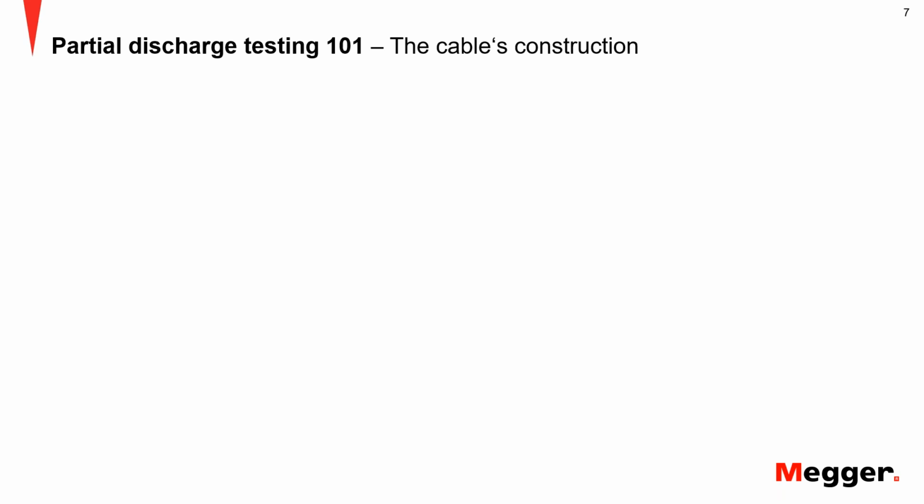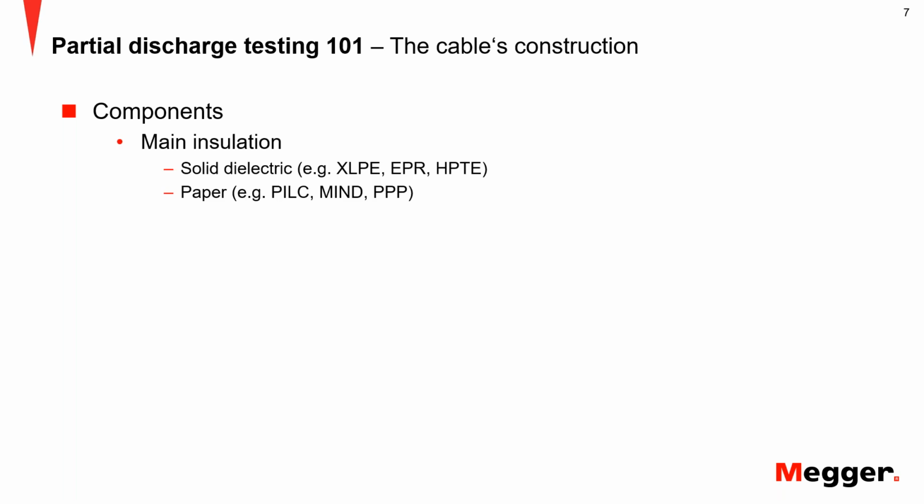So when it comes to this type of test in the field, it is essential to think about what components you are affecting during the test, or with which components you are interacting. And it's actually pretty straightforward. You have the main insulation that is there, that is the cable itself. Obviously, we have solid dielectric cable and paper cable with all the different insulation media, so predominantly XLPE.